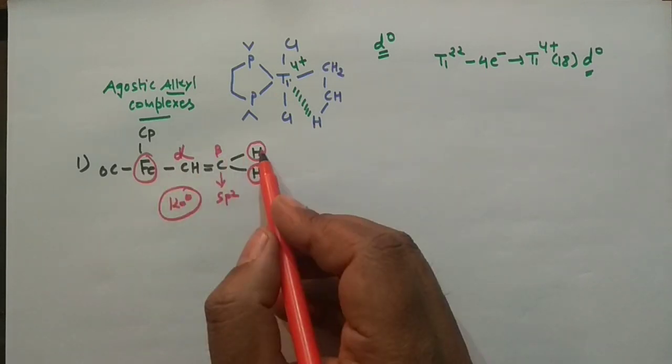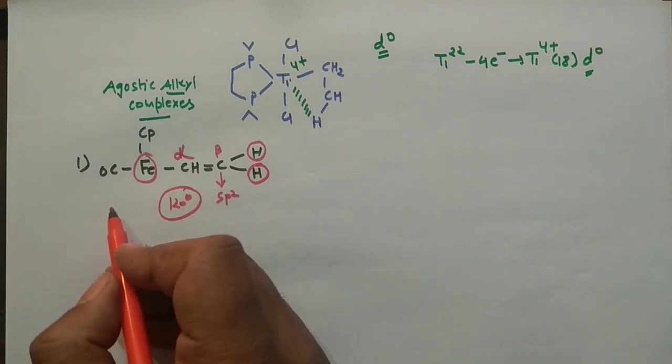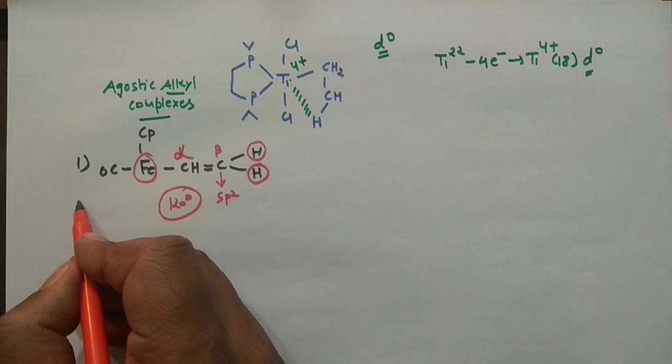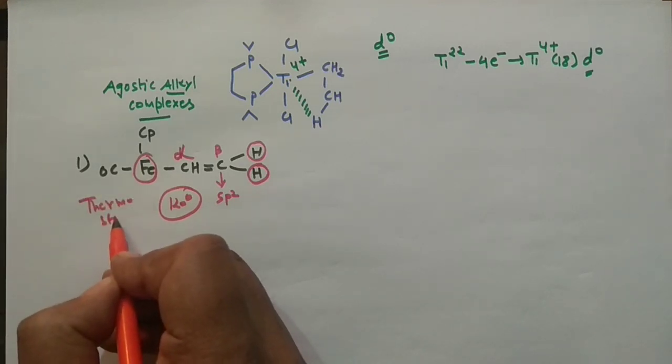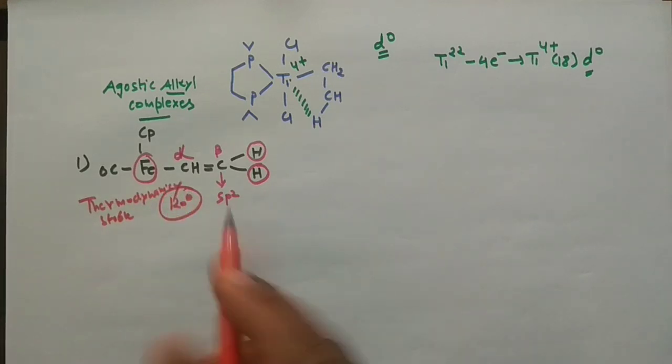So there would not occur any agostic interaction and it will not give beta hydride elimination reaction, and it is thermodynamically stable.